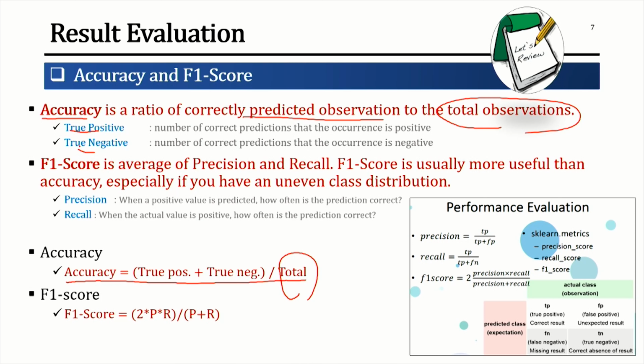And next we will look at the term F1 score. It is an average of precision and recall. F1 score is usually more useful than accuracy, especially if you have an uneven class distribution. To get the F1 score, we need to find precision and recall. Precision tells us, when a positive value is predicted, how often the prediction is correct. Whereas recall tells us, when the actual value is positive, how often the prediction is correct.